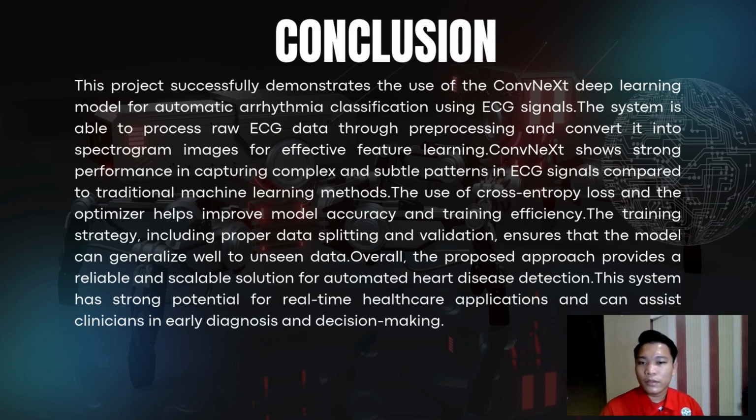The training strategy, including proper data splitting and validation, ensures that the model can generalize well to unseen data. Finally, the proposed approach provides a reliable and scalable solution for automatic heart disease detection. This system has strong potential for real-time healthcare applications and can assist clinicians in early diagnosis and decision making.